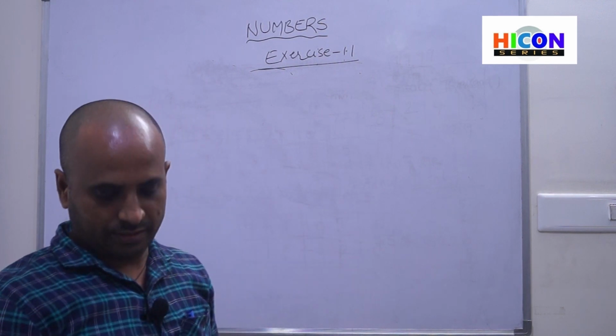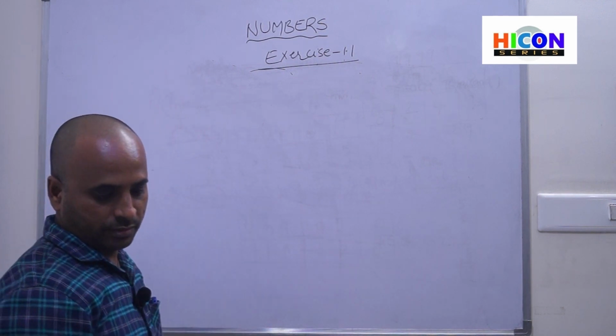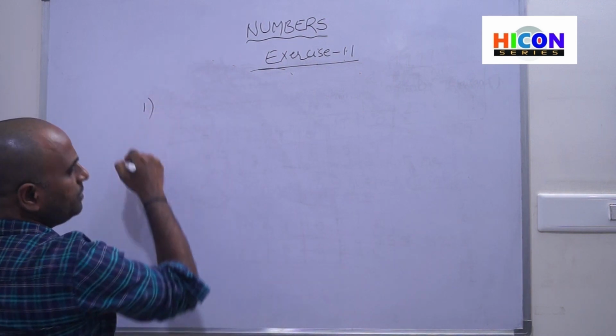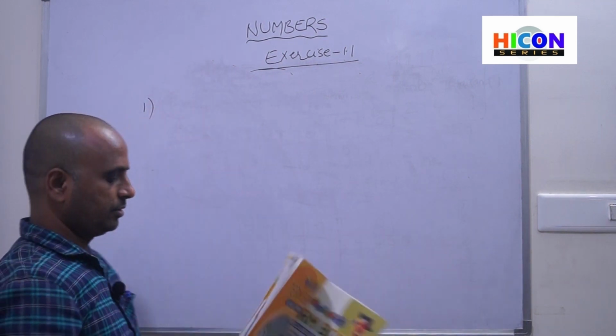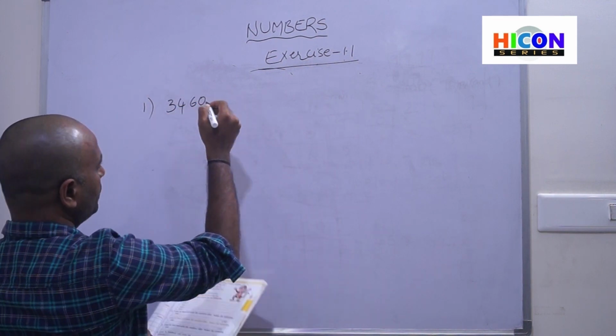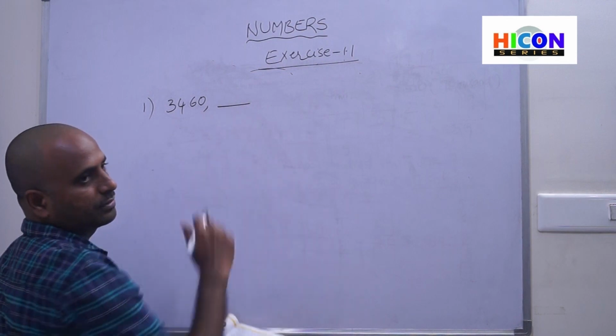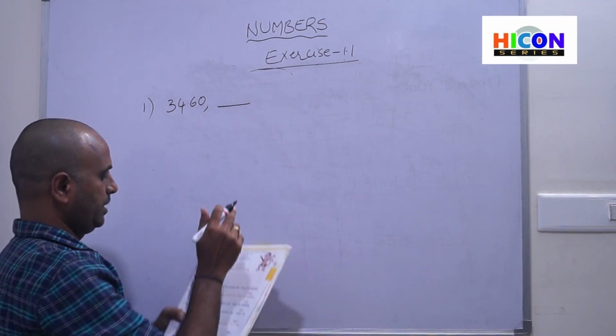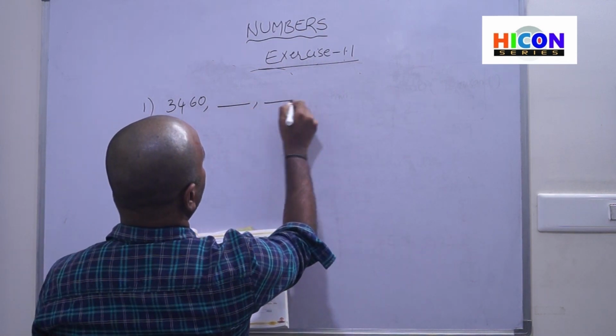So let us take a problem. 3460. Count by 2, and write the remaining numbers.